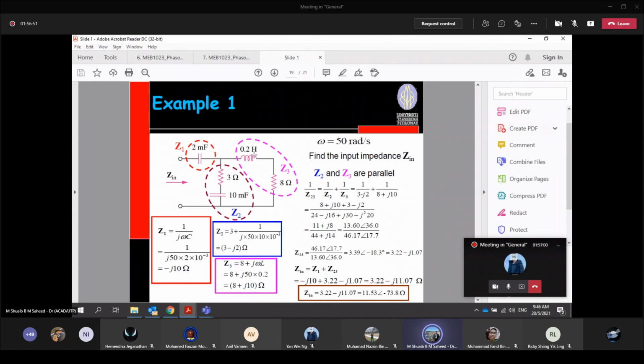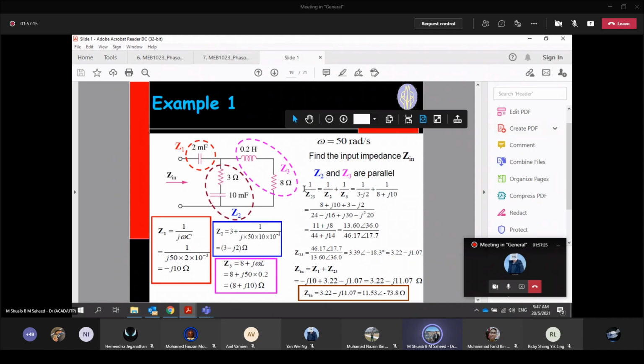Then the Z3 consists of two components as well, an inductor and a resistor. So 8 plus j omega L, j50 multiplied by 0.2, you will get your Z3. Then you can redraw this circuit, and you will see that this branch and this branch are in parallel.